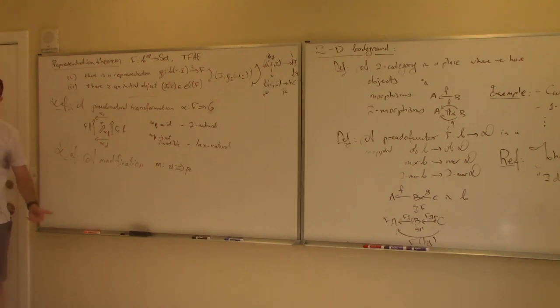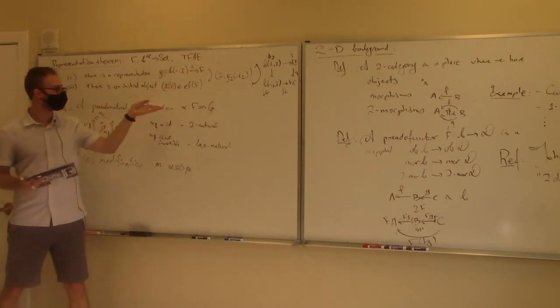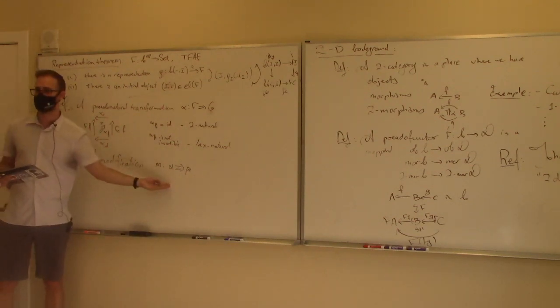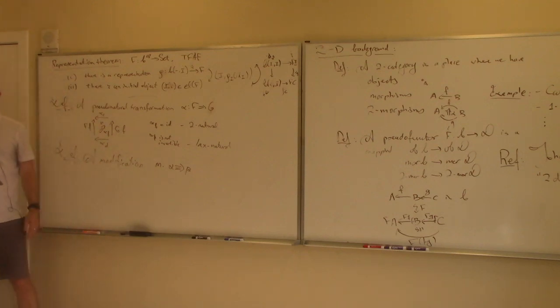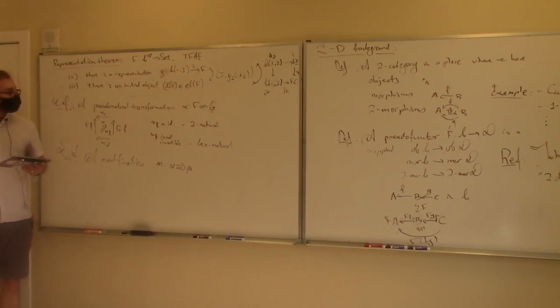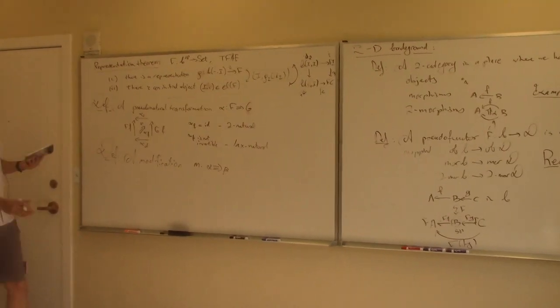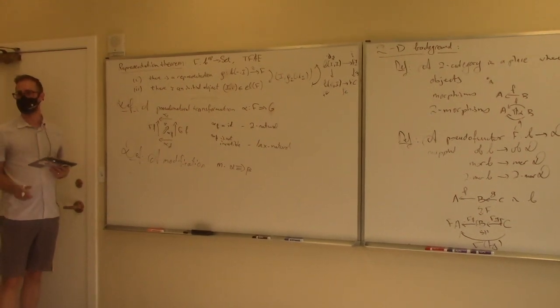So this is like how in dimension 1 we had functors and discovered a new dimension of natural transformations. So in dimension 2 we have functors and natural transformations, and we get a new dimension for free, modifications. No comment on that. Any questions about all the stuff that I've very quickly run through?